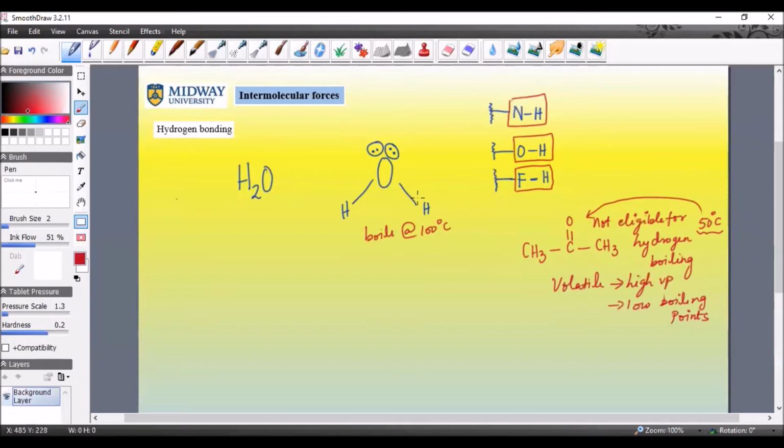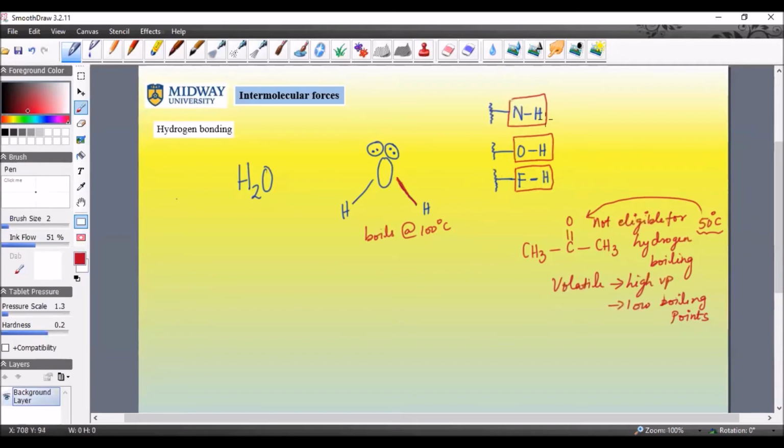Why is that the case? Because in water, the hydrogen is directly attached to the oxygen. Hydrofluoric acid is a very, very strong acid used in etching glassware. The reason it can etch glass is that the hydrogen and fluorine can hydrogen bond with the surface of the glass easily.